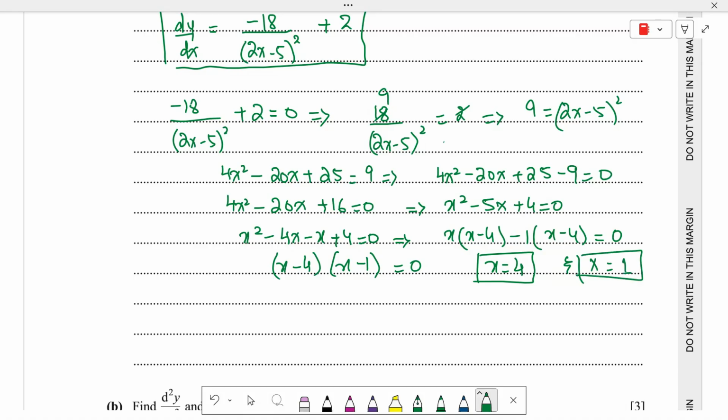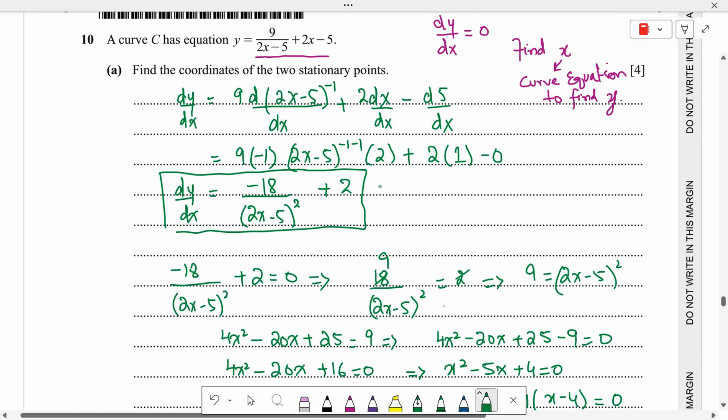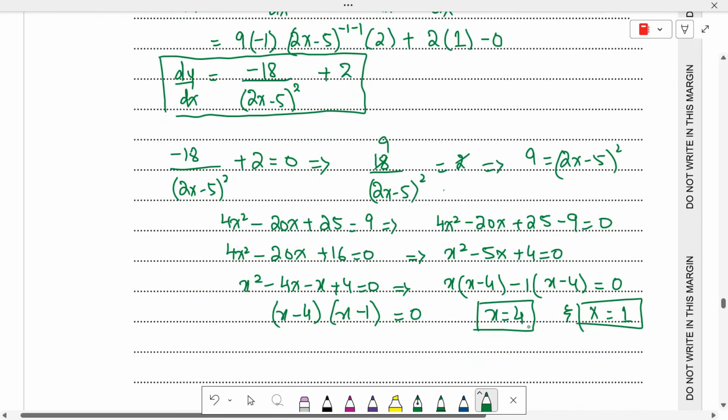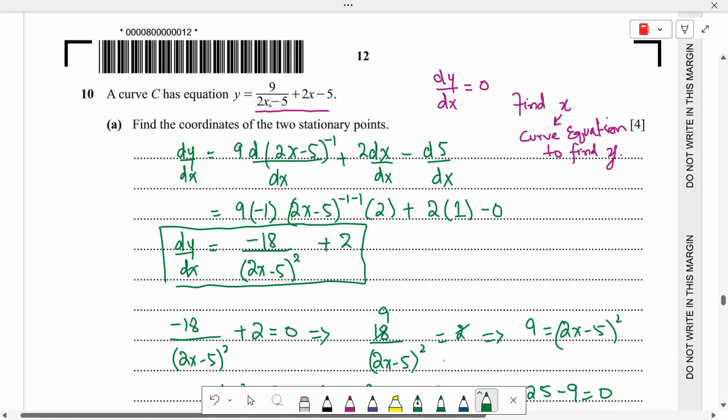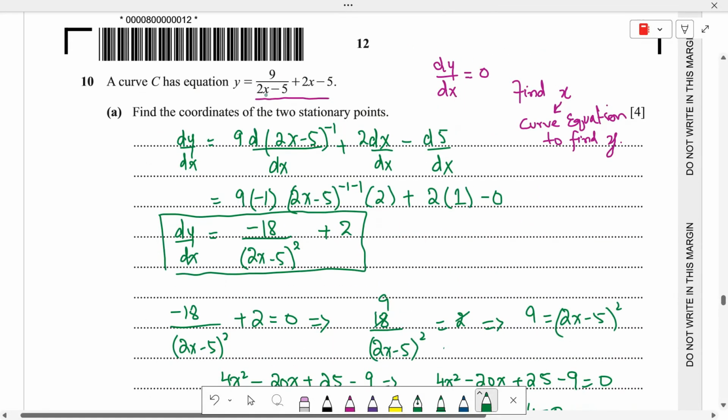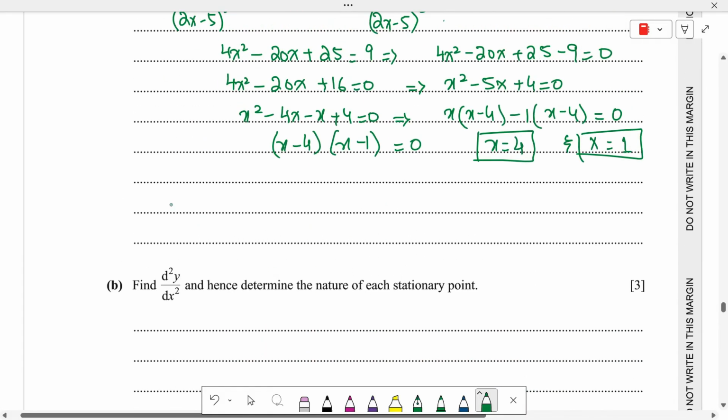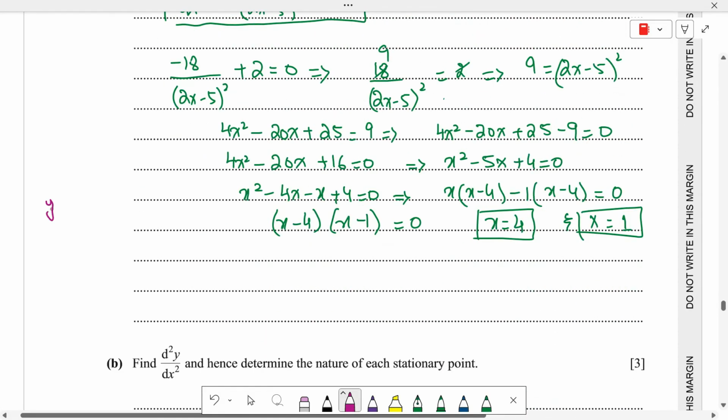We have two x coordinates of the stationary points, and now we plug these x coordinates into the given equation to find the y coordinate. So the given equation is y equals 9 over 2x minus 5 plus 2x minus 5.